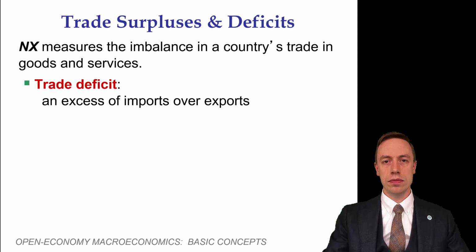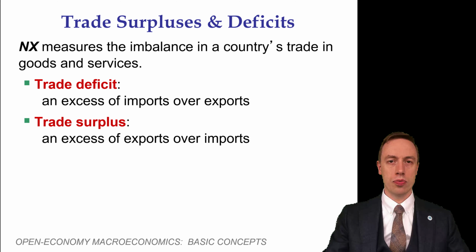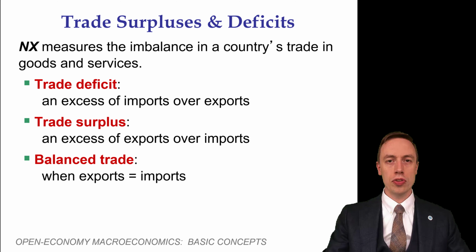Trade deficit, the current position of the United States, is when imports are greater than exports. So that will be negative net exports in our accounting identity, while trade surplus refers to exports being greater than imports.